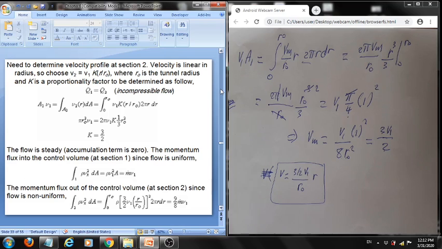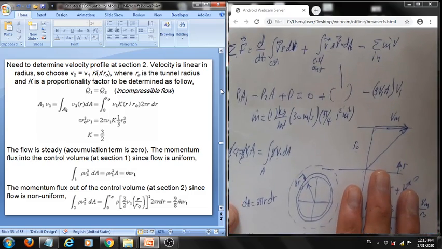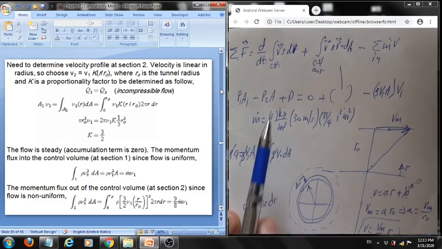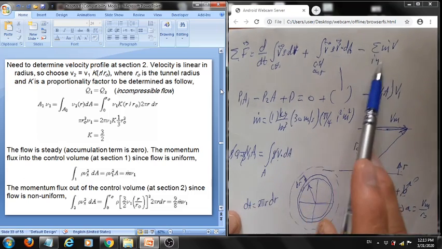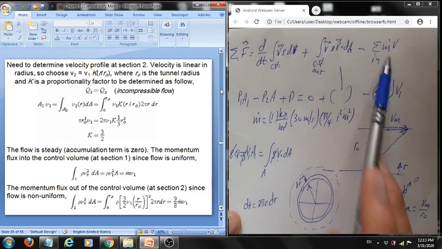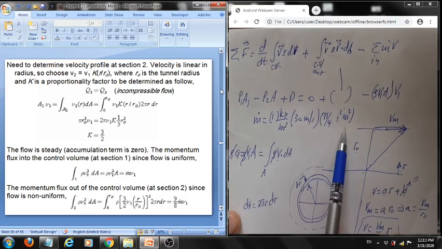Okay, let's continue. We want to find the drag force as we said before. We need to find the drag force. The computation of the momentum flux at the inlet is easy. It's simply m dot V1, which m dot we compute as we said here.